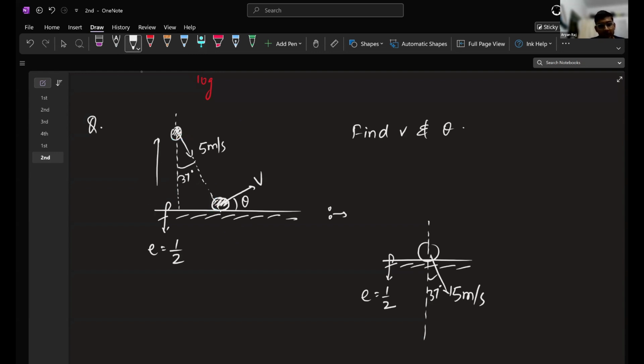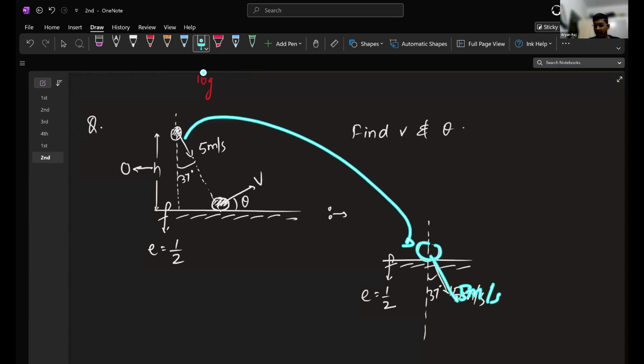Or even if it is at some height, for example h, this is almost negligible. So it is 5 meters per second and it is at the ground.